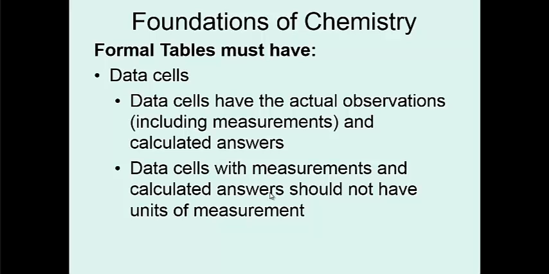Now, that didn't used to be a requirement, but with spreadsheets, if you have both numbers and units of measurement in a data cell, you can't have your spreadsheet automatically create a graph for you, and you want to be able to do that. So now the requirement is that only numbers go in the data cells.